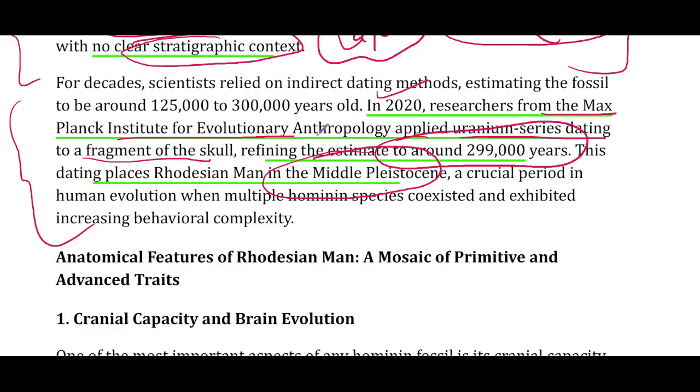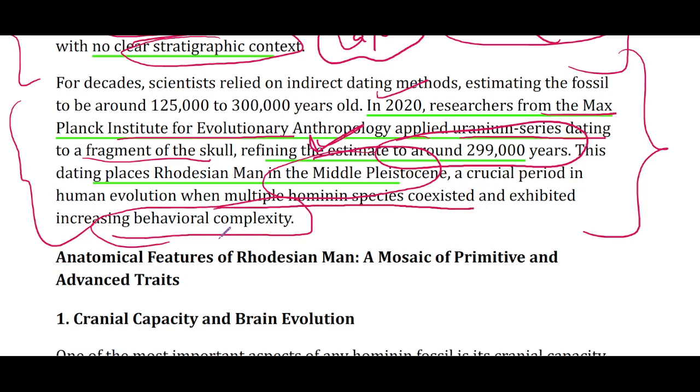Middle Pleistocene, जैसे जैसे आप देखते जाएंगे, especially physical anthropology, you will come to know that this period, Middle Pleistocene, holds a crucial place in hominin evolution. Because it was a time when multiple hominin species coexisted and exhibited increasing behavioral complexity.